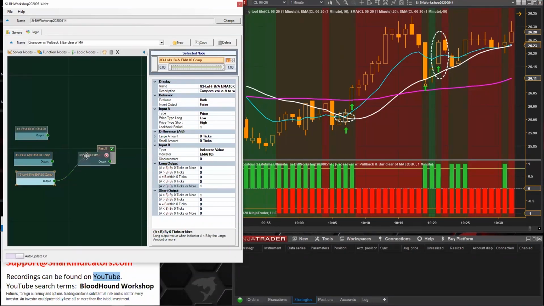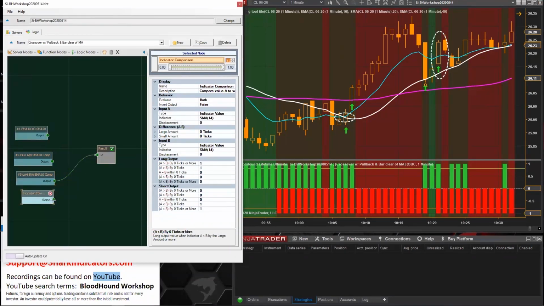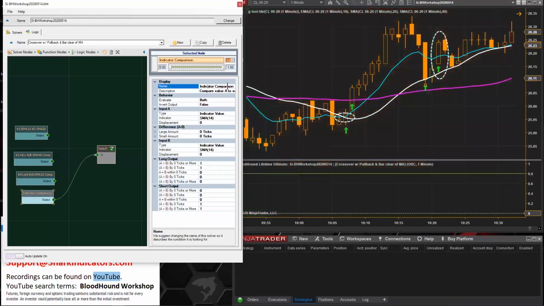Let's grab the comparison solver, plug that in. All right, so this is a number 4. This time we're going to make sure that the open is either above or below the SMA 20.